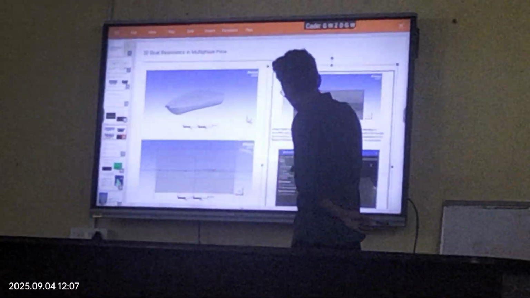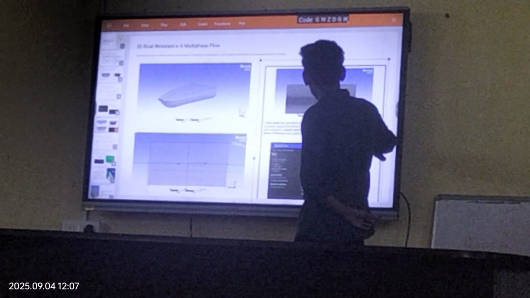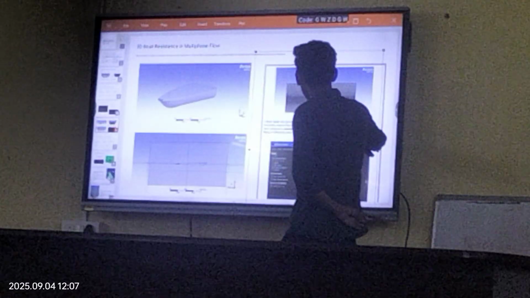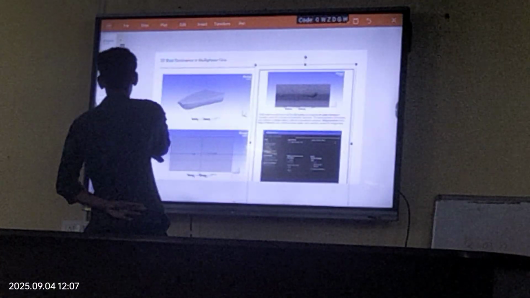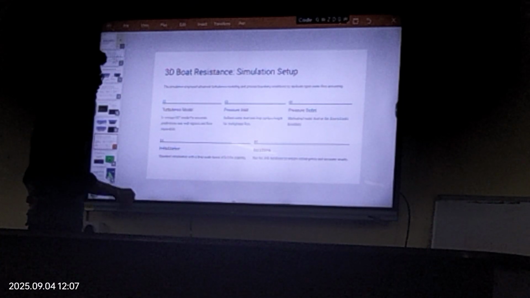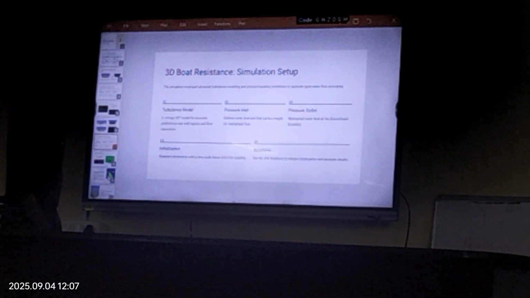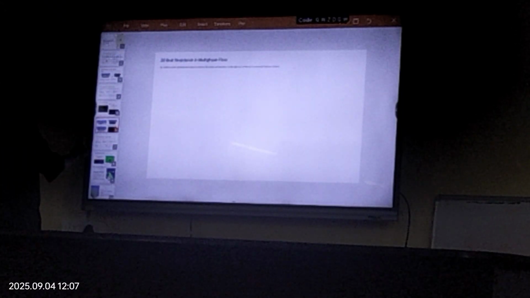Here we have taken volume of fluid to make multiphase flow, with water at the bottom and air at the top of the board. I have taken the turbulence model K omega SST, which was used for the 3D board.